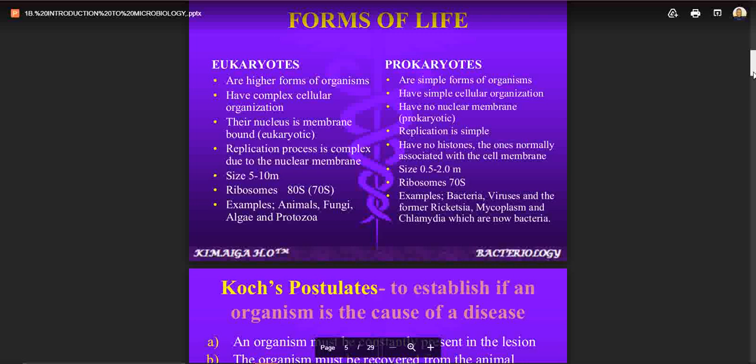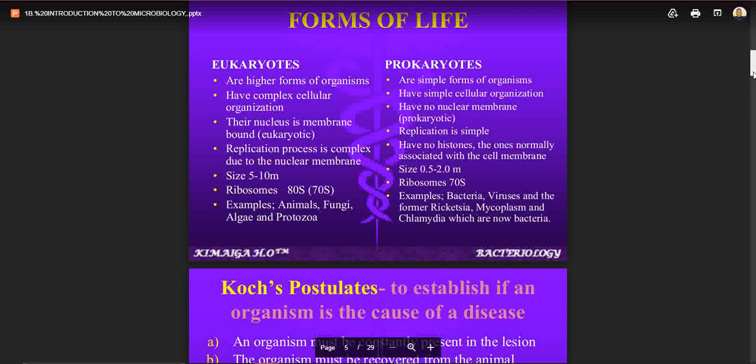So when you're giving the difference of these two life forms: eukaryotes are high forms of organisms, prokaryotes are simple forms of organism. Eukaryotes have complex cellular organization, prokaryotes have simple cellular organization. The nucleus in eukaryotes is membrane bound, while there is no nuclear membrane in prokaryotes. The replication process in eukaryotes is complex due to the nuclear membrane. Prokaryotes have no histones, and I'm sure you know the histones in DNA replication, the ones normally associated with the cell membrane.